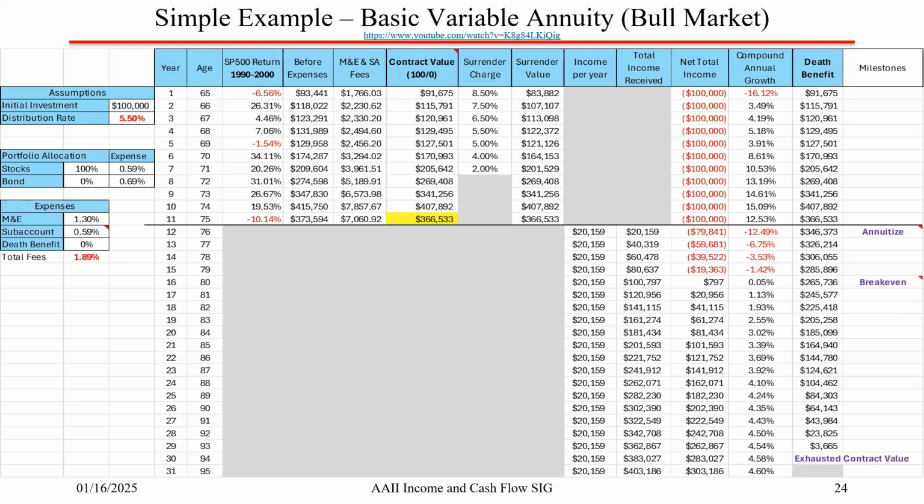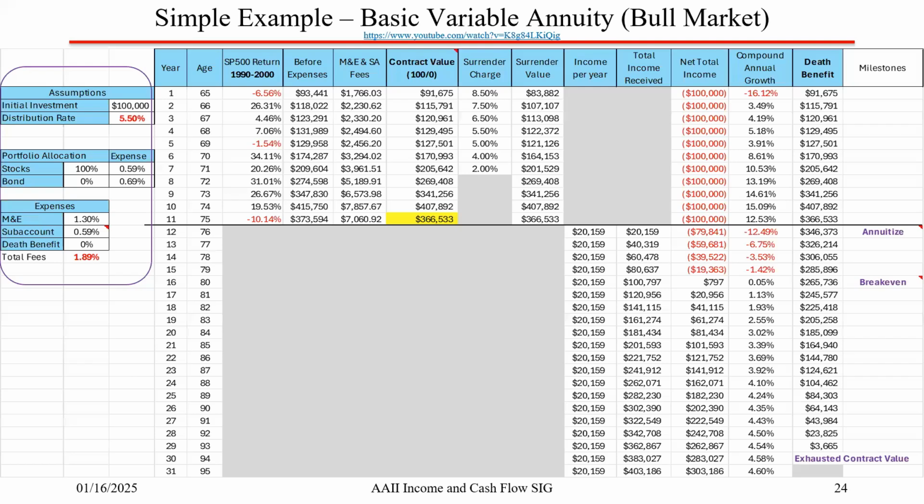This is an example of a bull market. So here are our assumptions. You can look at all these fees and rates, and the important thing at the bottom is the expense. You have a 1.89% per year charge in this example.